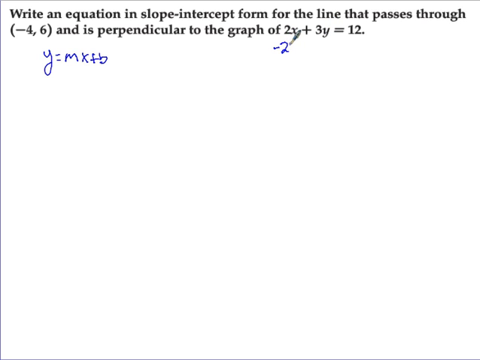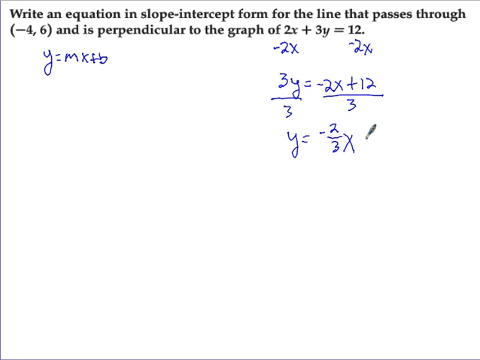So subtract 2x. That leaves us with 3y equals negative 2x plus 12. And then divide by 3 on both sides. So y equals negative 2/3 x plus 4.